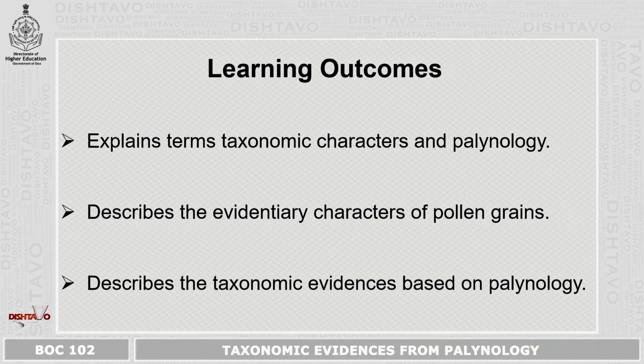Once the student completes this module, the student will be able to explain the terms like taxonomic characters and palynology, describe the evidentiary characters of pollen grains, and the taxonomic evidences based on palynology.